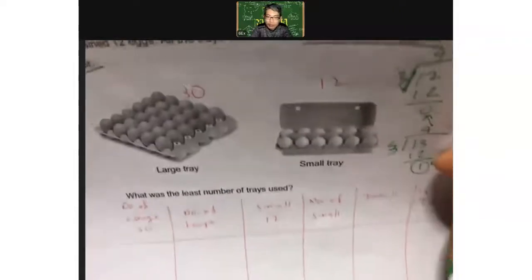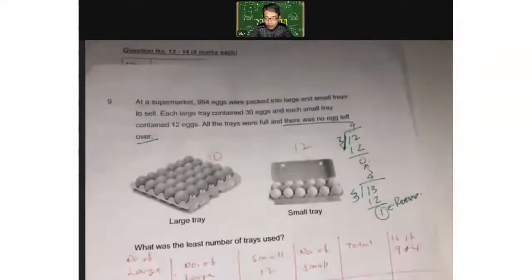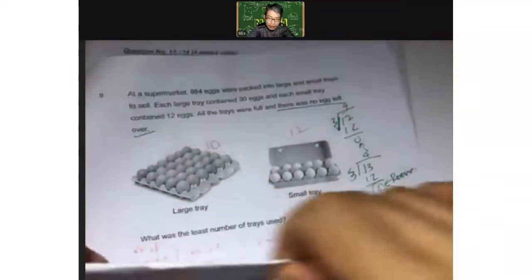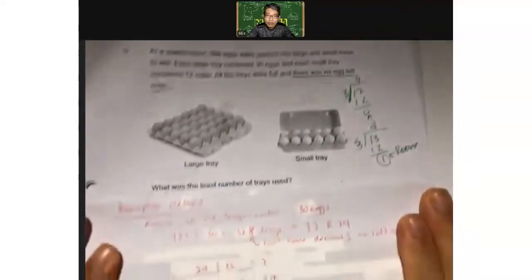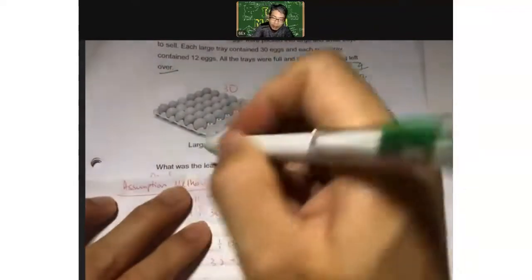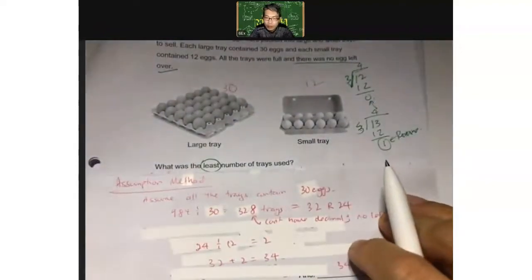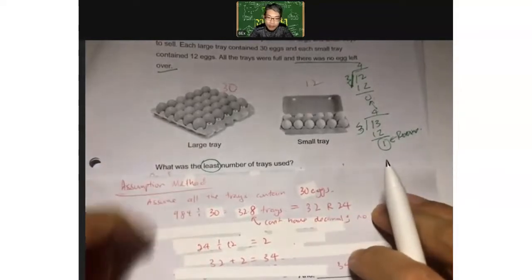Now you can use the guess and check method, but I think that is too tedious to just get 3 marks. I would suggest you use the assumption method. What's the assumption method? That means you just assume something. Now what do I assume? We are asked to find the least number of trays, meaning the smallest possible number of trays. If I want to use the smallest number of trays, do I use the big tray or the small tray? Of course the big tray, right?